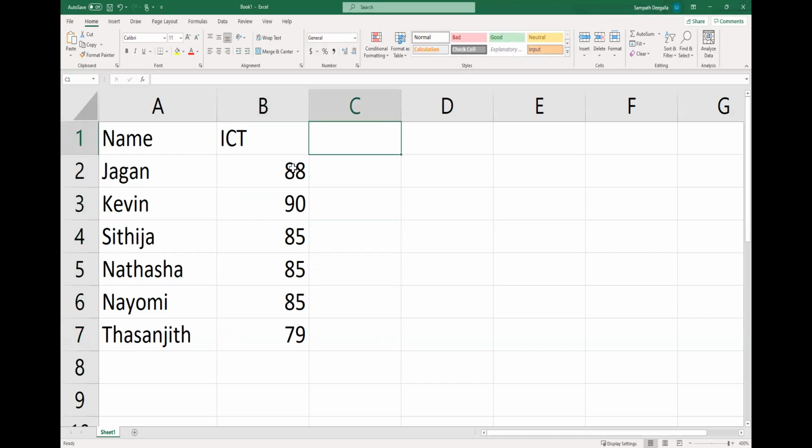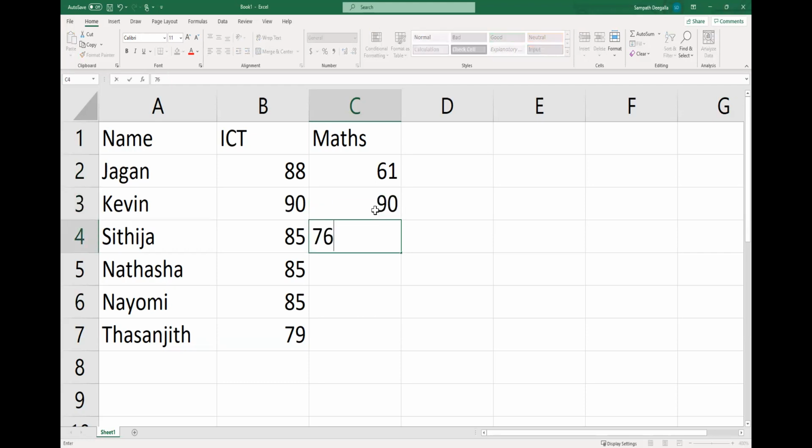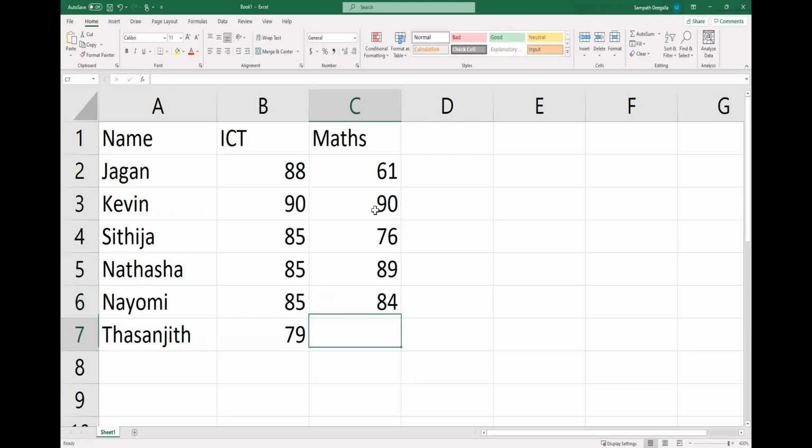Okay, then we'll have maths, 61. Yes, propose some values. Okay, we have 90, 76, 89, 84, 82. Okay, science.